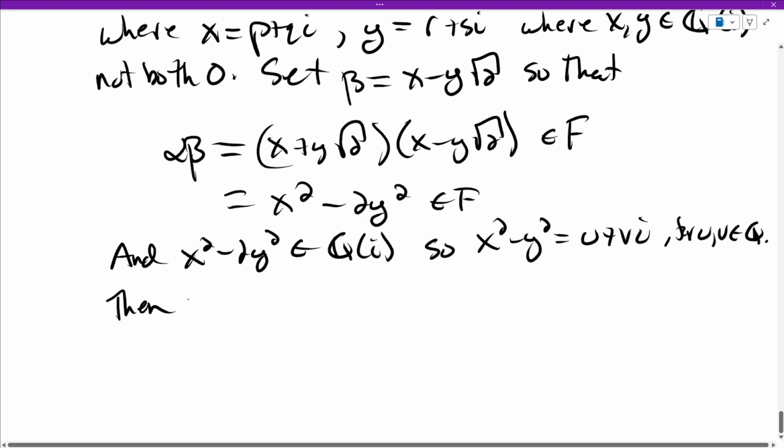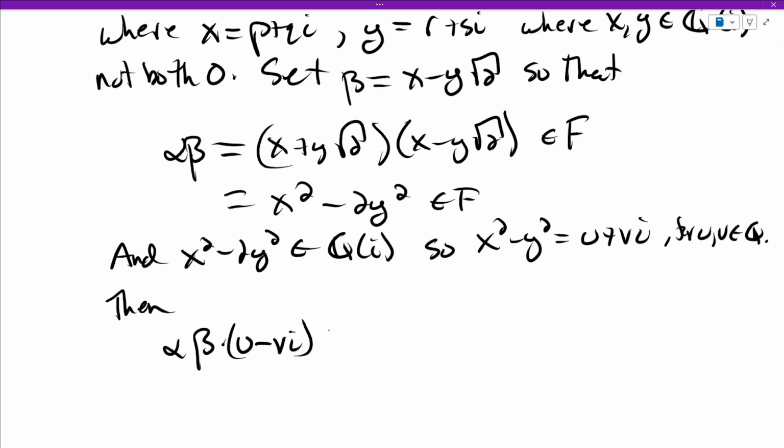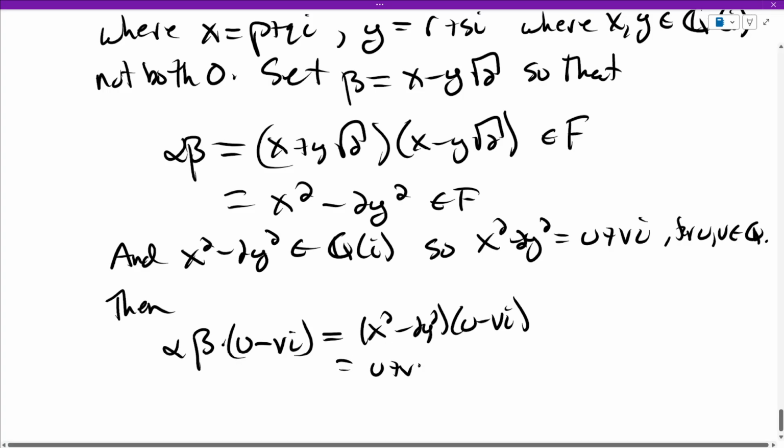Okay, then what? Well, then alpha beta times u minus vi is going to be what? Well, it's going to be alpha beta, that's x squared minus 2y squared, times u minus vi. But x squared minus 2y squared is u plus vi times u minus vi. And that's u squared plus v squared, where again, u and v are not both 0.